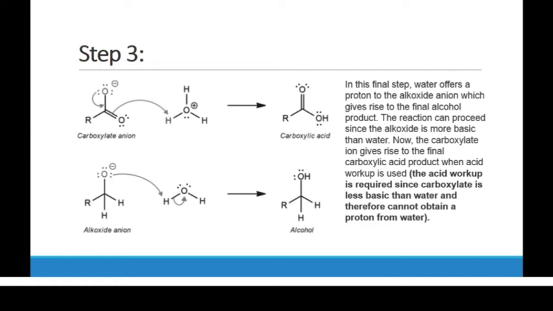But if you have a concentrated amount of base, you have sodium benzoate. If you do an acid workup, then you have the carboxylic acid, not the salt of the carboxylic acid, like you have sodium formate or you have formic acid.